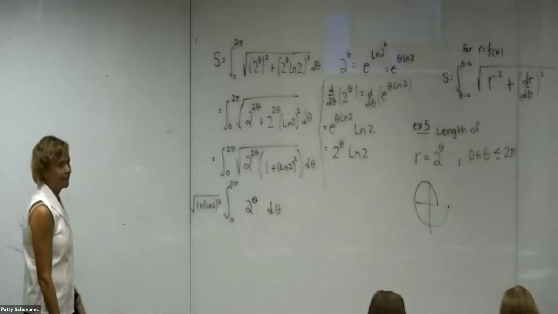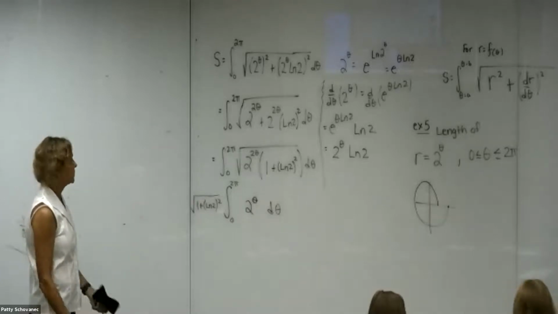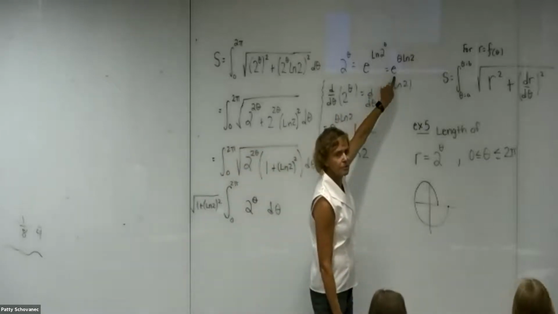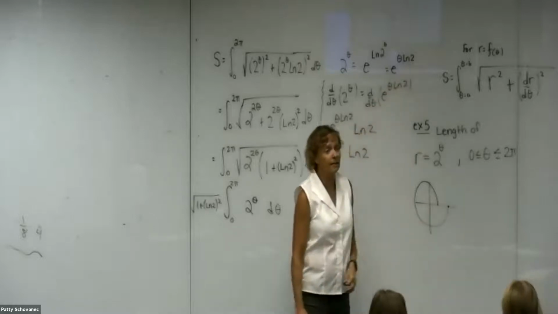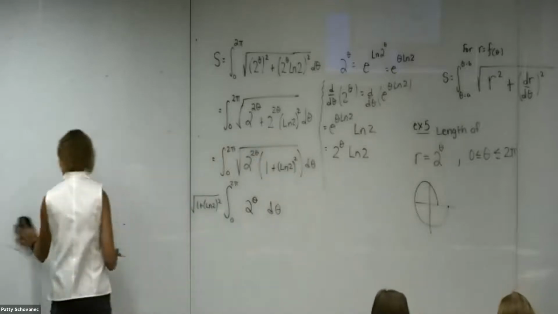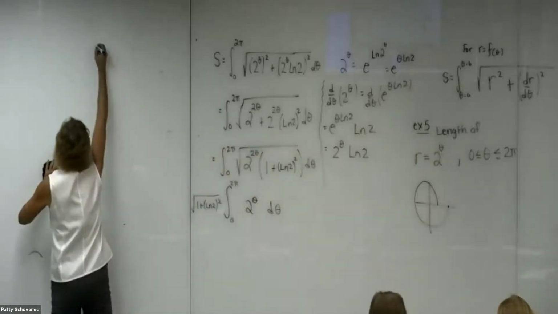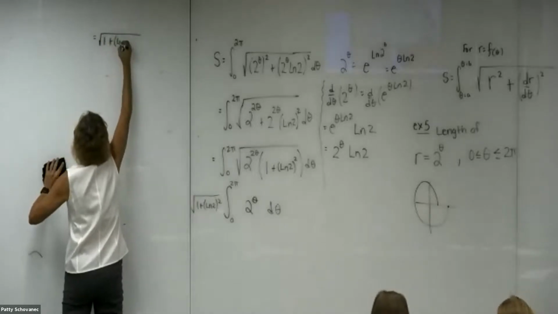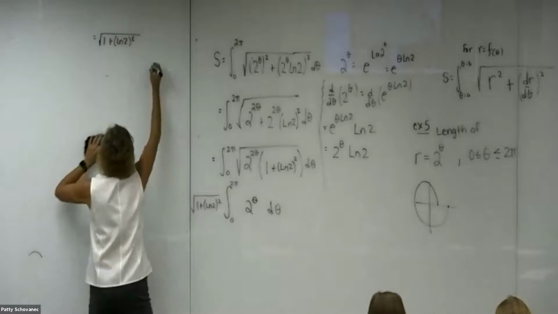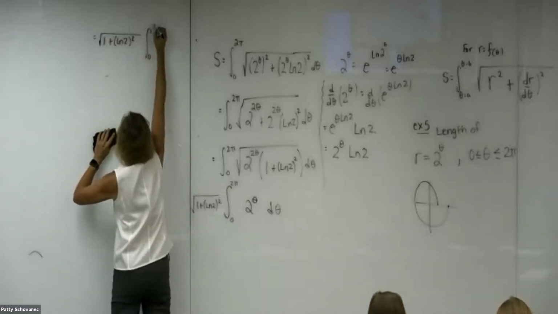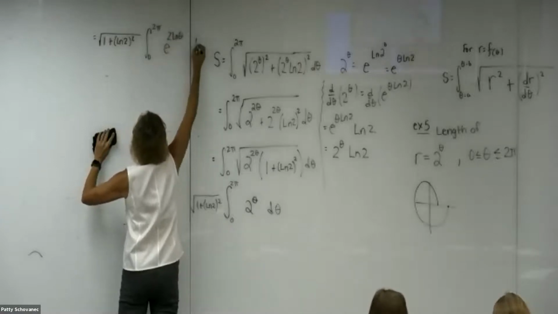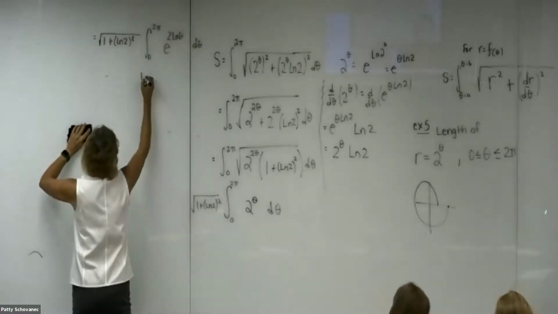Oh, now we've got to integrate that. So to integrate that, let's write it like this and do a u substitution. 2 to the 2 theta is equivalent to this. So we'll write it as e to the natural log of 2 times theta and integrate that. So we'll take u to be the power.